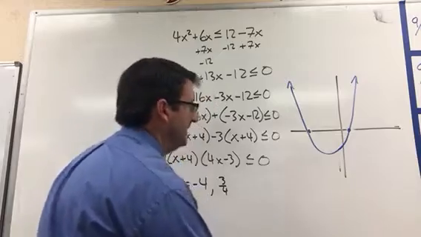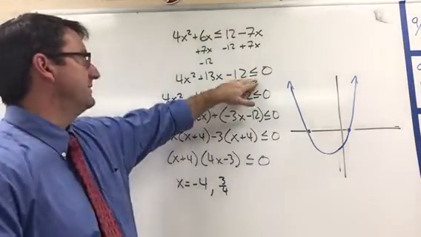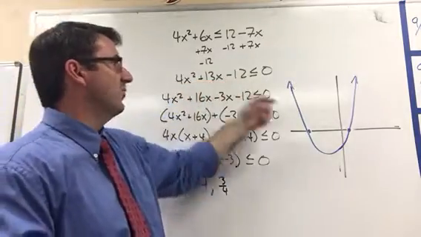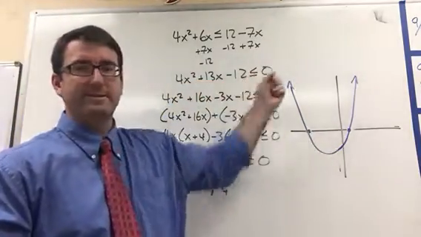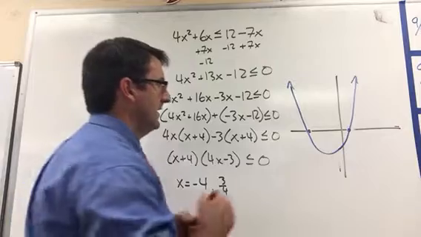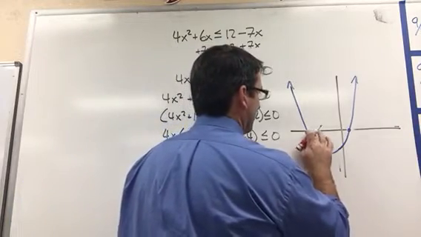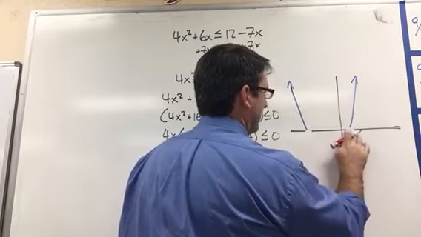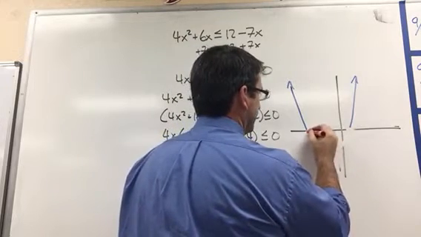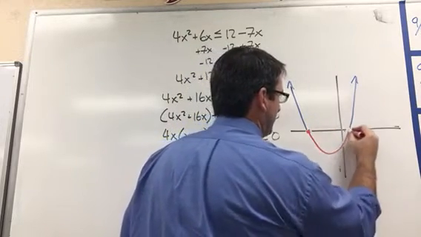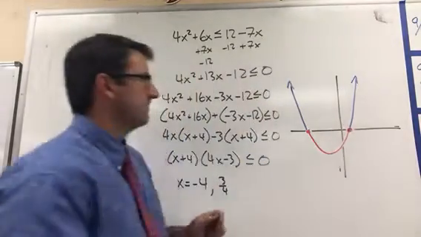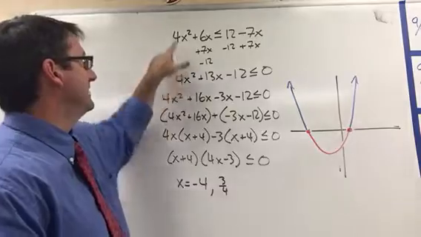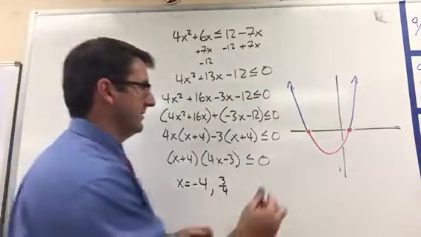Because now we look up to our inequality here and see what we want is where this is less than or equal to 0. So that's going to be this part here. We're going to include the zeros and then everything below the x-axis. So that's this part down there. That's the piece where this function is going to be less than or equal to 0.